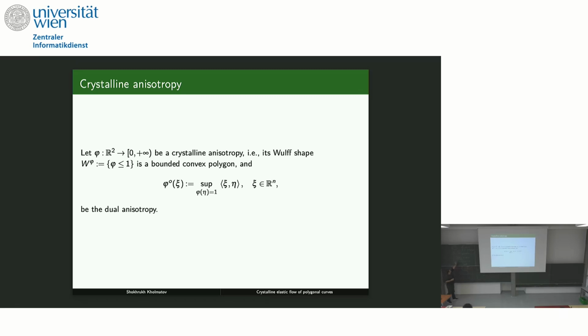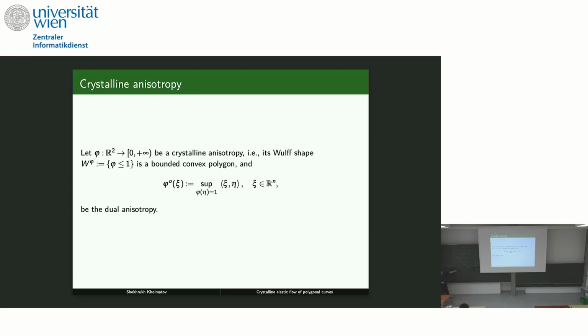This divergence I call the curvature of the curve at this point. This observation related to polygonal curves implies that on the segments my curvature is constant. And with maybe a minus sign, depending on how I define velocity, if I define mean curvature flow with respect to this polygon, then the curvature of each segment is constant.